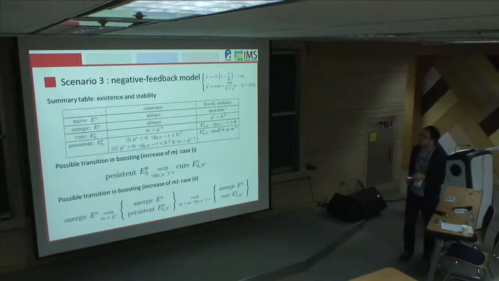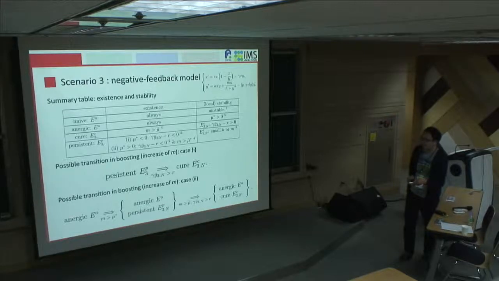In this case, we have 2 possibilities depending on the sign of mu star. If it is less than 0, it's simple: we go from persistent to pure. On the other hand, if mu star is positive, then we have this kind of scenario. It depends on the choice of initial condition.